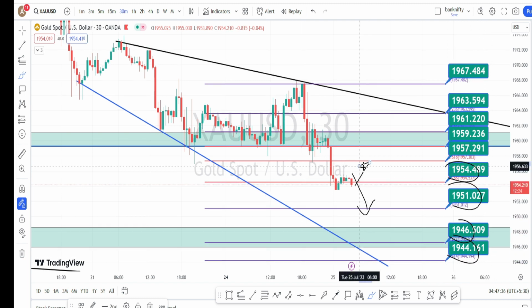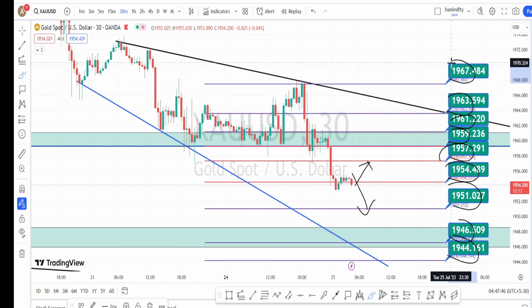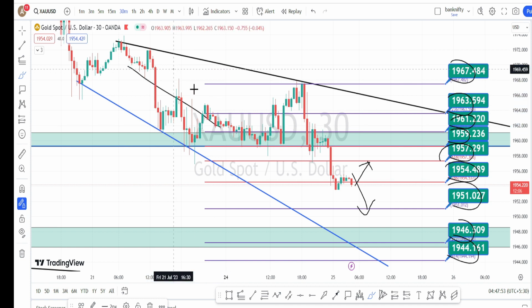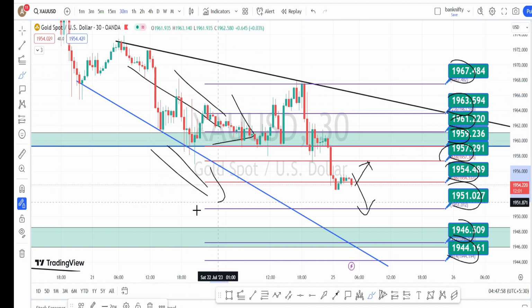And on the bullish side, the immediate resistance is going to be around 1957, 1959, 1961, 1963 and 1967. And for now, the current trend of the price action in 30 minutes time frame is a bearish trend. So I would recommend trade with the current trend.